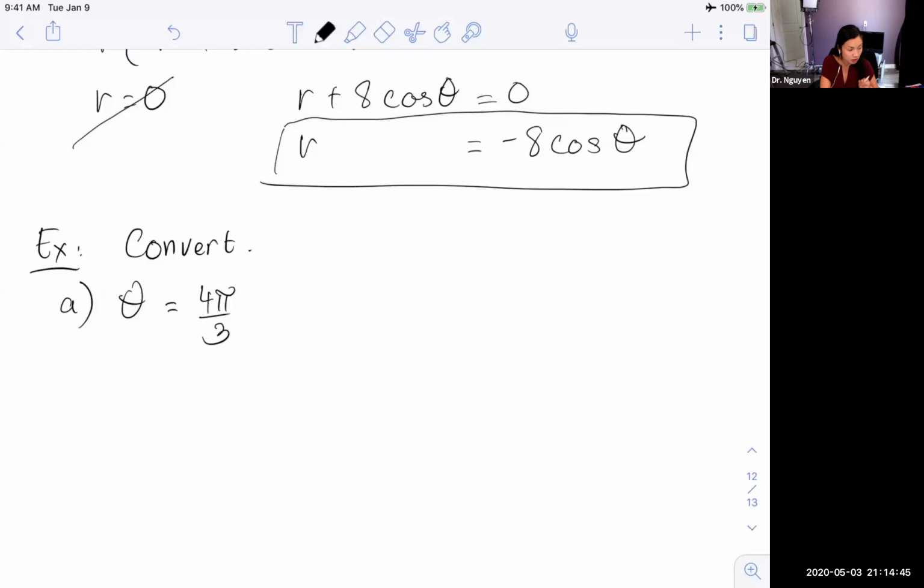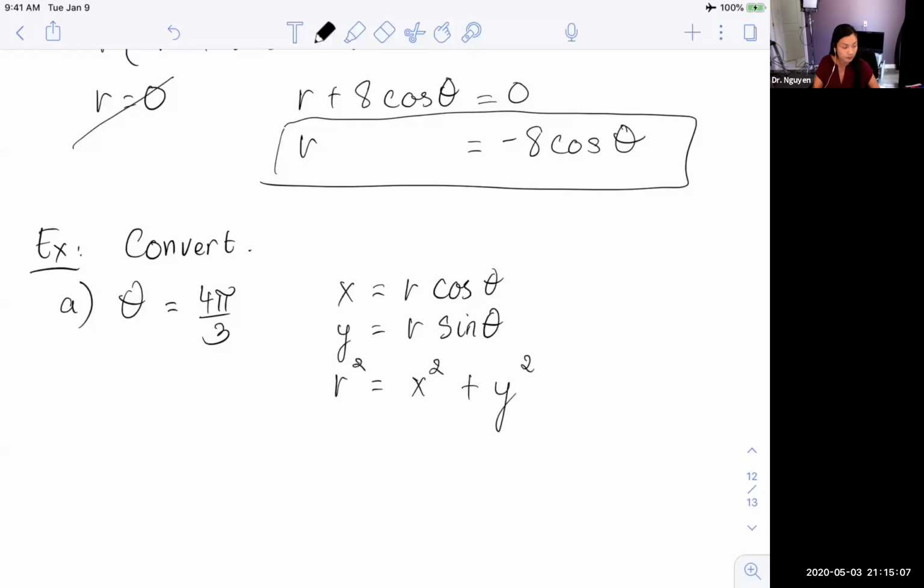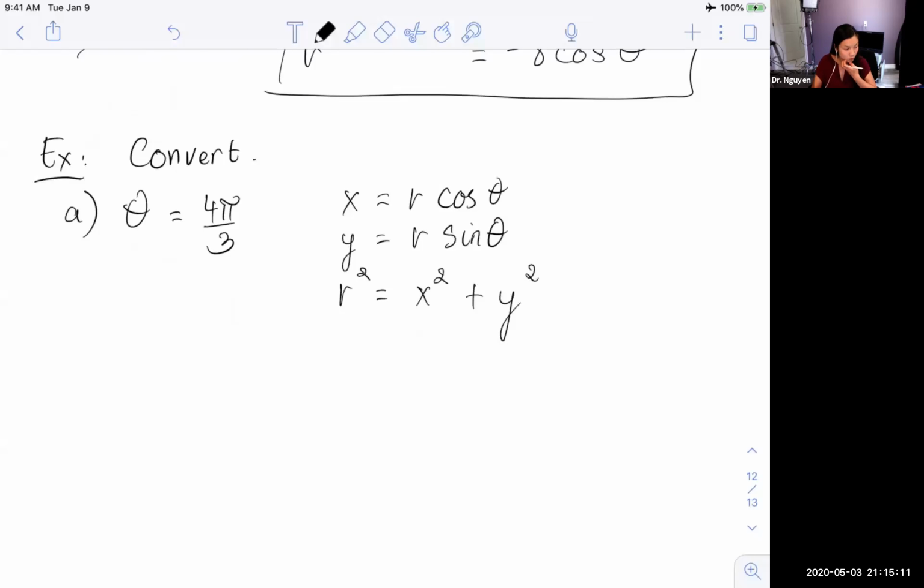Make sure that you know x equals r cosine of theta, y equals r sine of theta, r squared equals x squared plus y squared. You know what, let me just write it down for you. x equals r cosine of theta, y equals r sine of theta, r squared equals x squared plus y squared. Okay, we need all of that to deal with the problems.